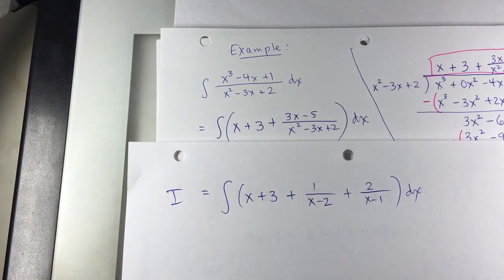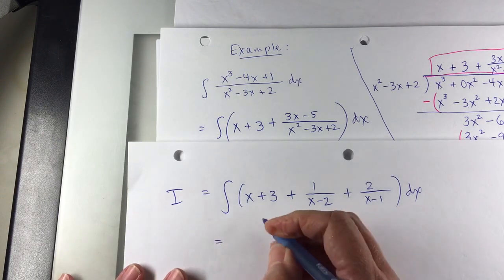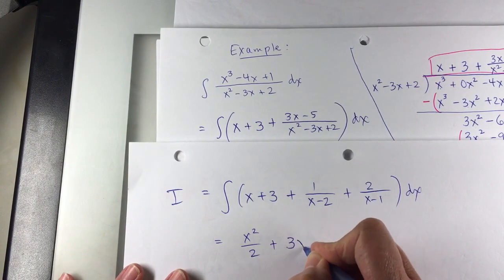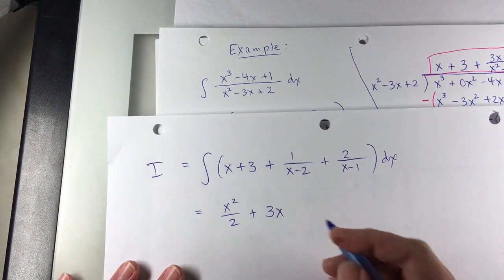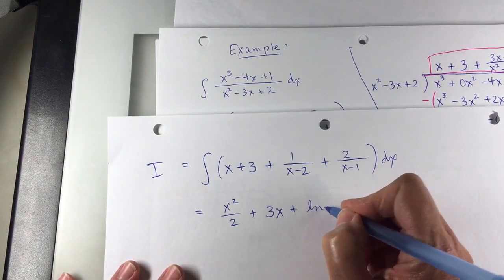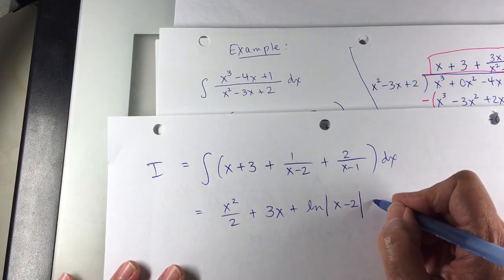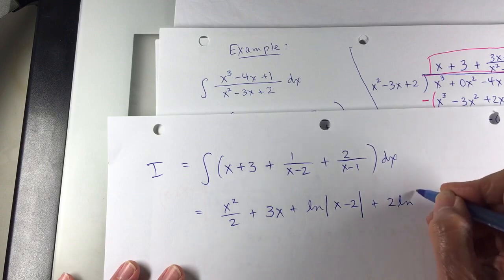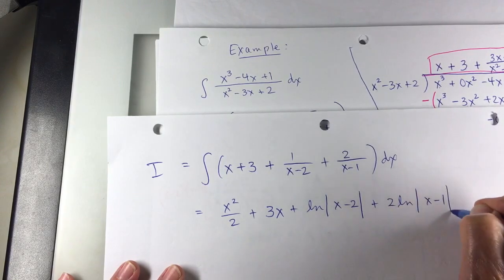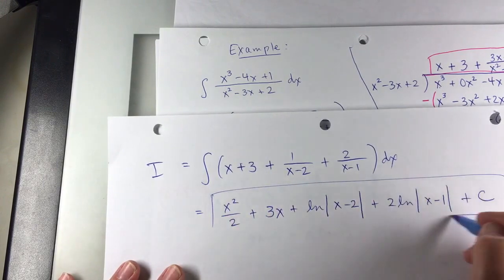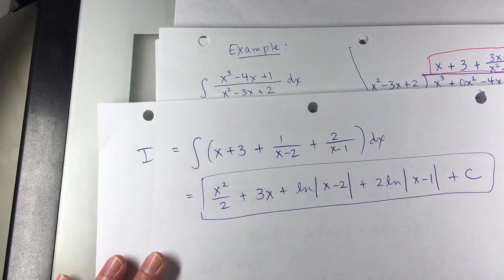And then see, that integral problem is real easy. This is x squared over 2 plus 3x plus the natural log of the absolute value of x minus 2 plus 2 times the natural log of the absolute value of x minus 1 plus c. So there's my final answer for that.